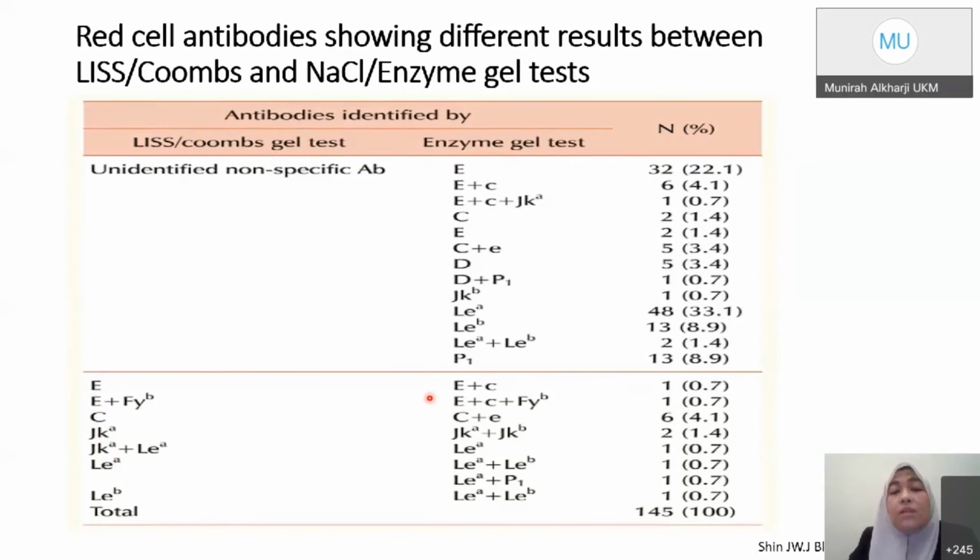When they tested with the enzyme panel, little c came out. So this patient has anti-big E and anti-little c. So from this, the enzyme treated panel can enhance the Rh antibody. Like here, the normal panel only identifies anti-JKA, but after using the enzyme treated panel, it comes out as JKA and JKB antibody.